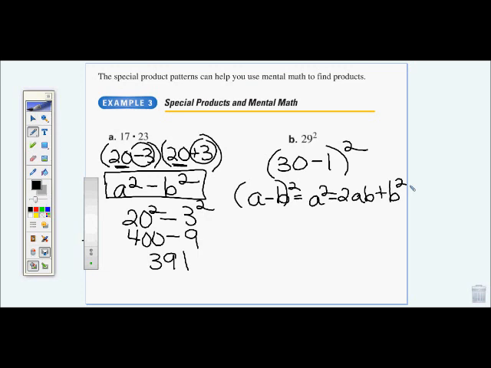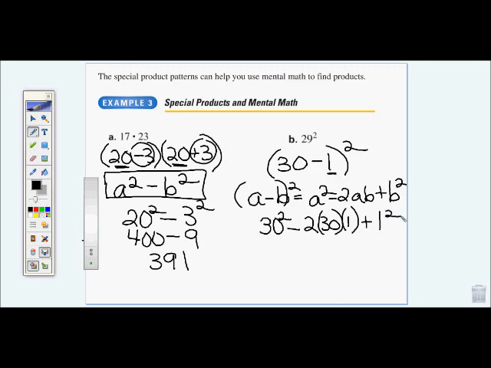All right, so now let's see if I can make it through my last step. My a squared then would be 30 squared. That's going to be minus 2 times my a, 30, and my b, 1. I'm going to just write it there so you see that I did use that term. And then that's going to be plus my b term, 1 squared.